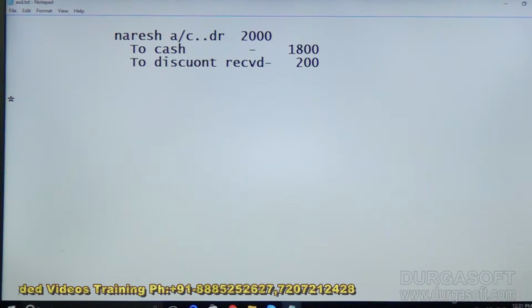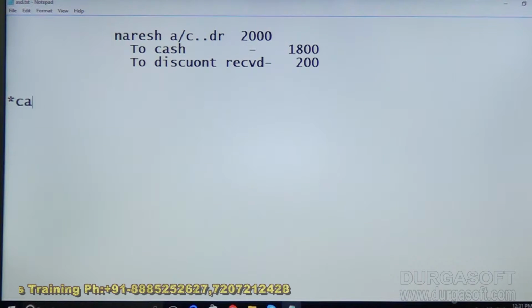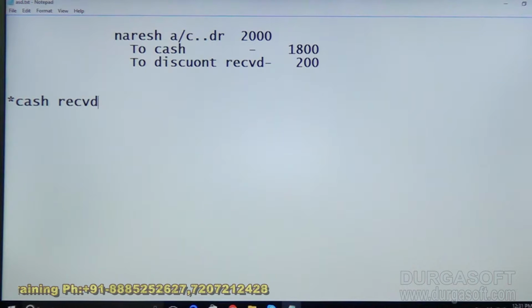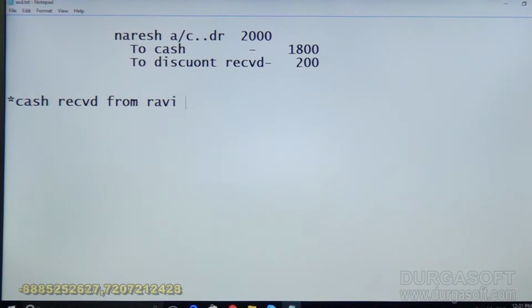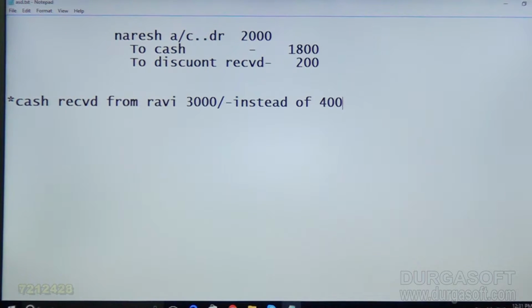For example, cash received from Ramu or else Ravi, cash received from Ravi 3000 rupees, instead of 4000.